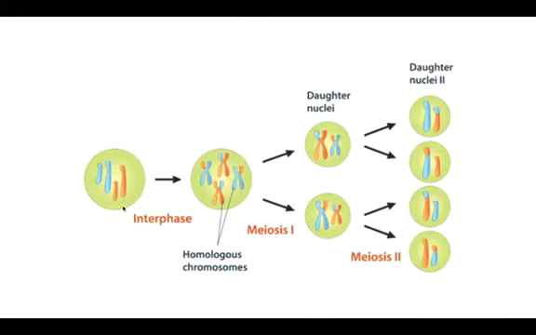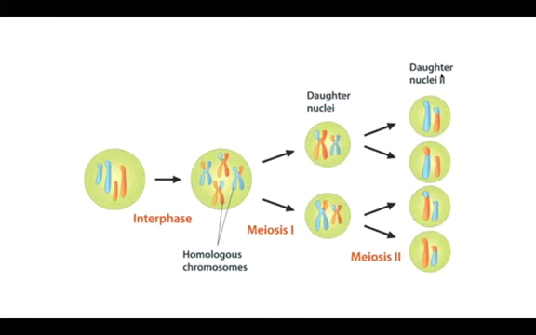So if this is, let's say, my normal DNA, then the blue DNA here represents DNA from my mother, and the yellow DNA represents DNA from my father. As I go through meiosis, the resulting 4 cells contain mixes of my mother and my father's DNA on each chromosome.